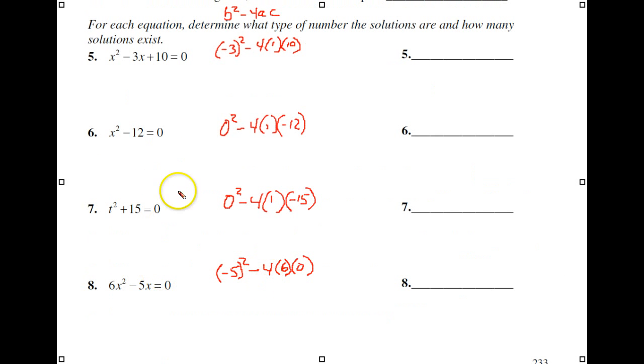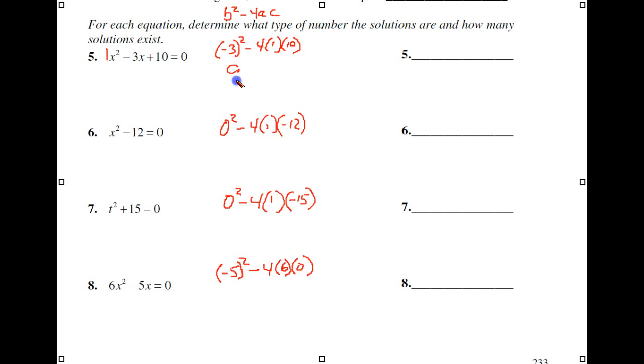Now, for these, as we look at the part of the quadratic formula that we call the discriminant, this is in standard form. We're going to put our b, -3 squared, minus 4 is in the formula, times a, which is 1, times c, which is 10.